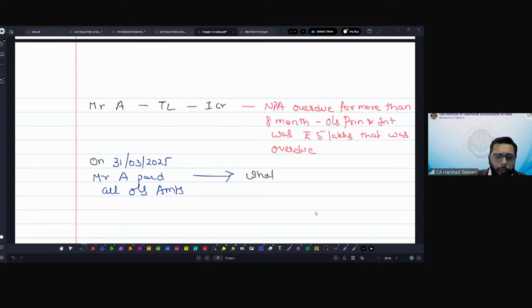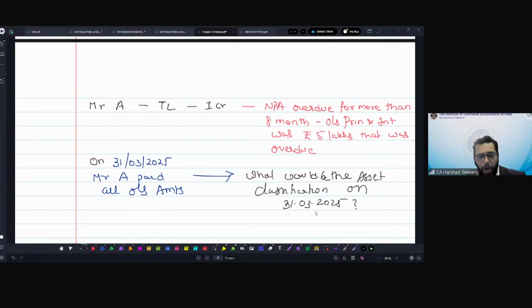What would be the asset classification on 31/3/2025? Now on 31/3/2025, Mr. A paid all the amounts. What will you classify now? How will you classify this asset?